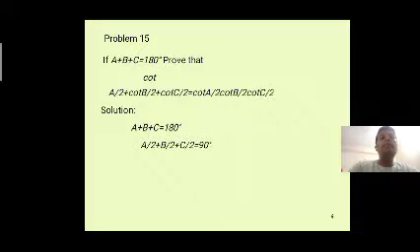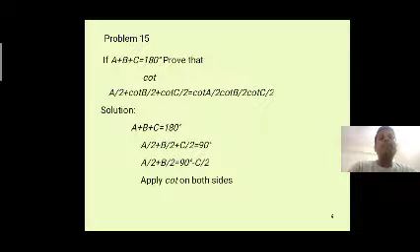A by 2 plus B by 2 plus C by 2 equals 90 degrees. In each part we have to divide by 2, we get 180 by 2, that is equal to 90. Now we write A by 2 plus B by 2 equals 90 minus C by 2. Apply cot on both sides. Now write cot of A by 2 plus B by 2 equals cot of 90 minus C by 2.